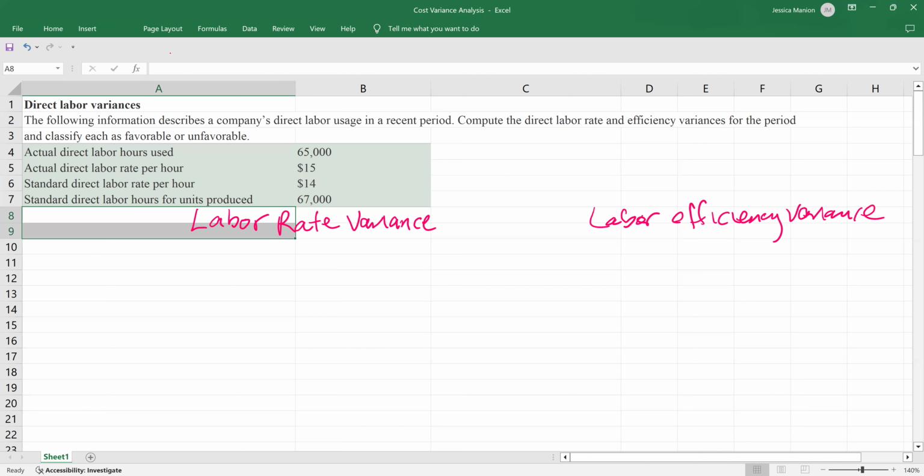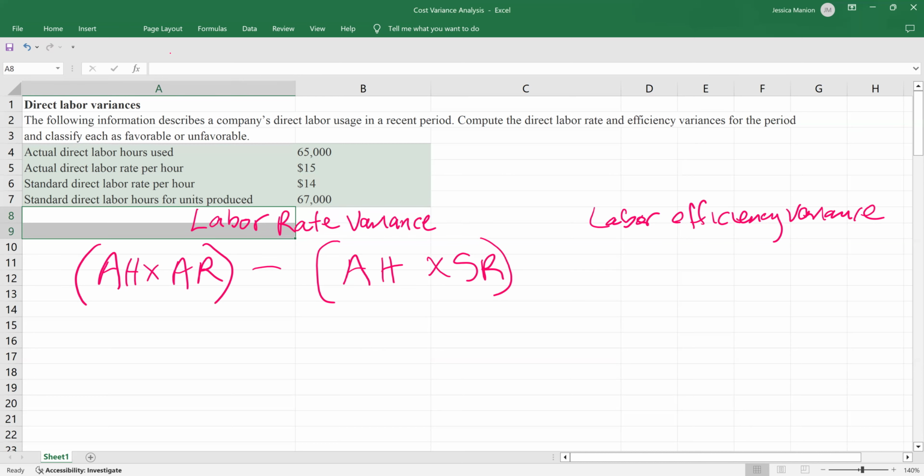And then the formula for this, and I know we looked at this formula a couple different ways together, but since we're computing both of these, I'm going to set this formula up for us. For our labor rate variance, we're looking at our actual hours times our actual rate, and then we compare that to our actual hours times the standard rate.